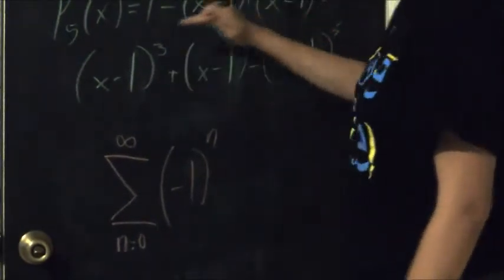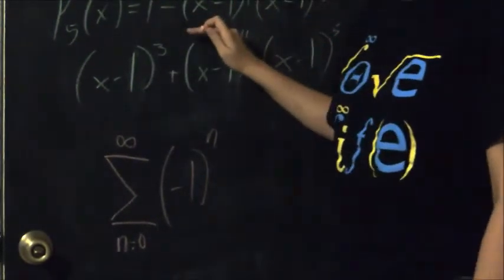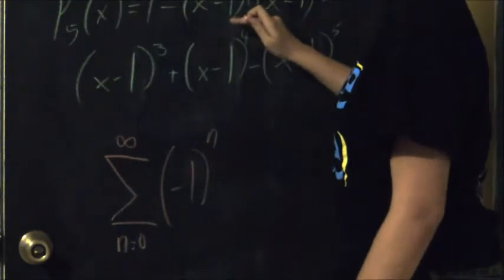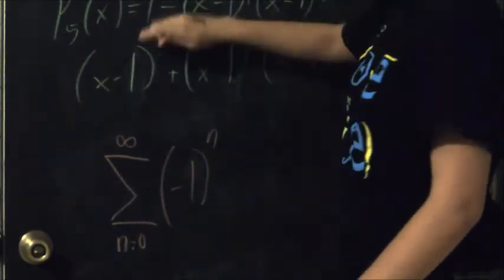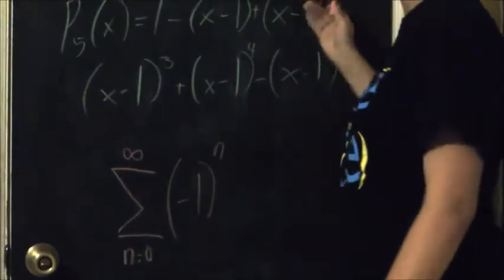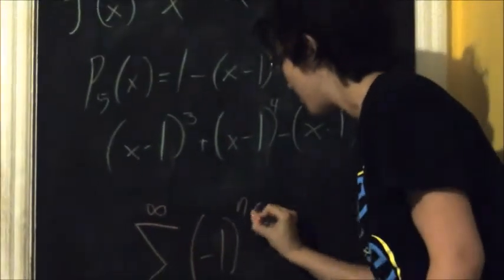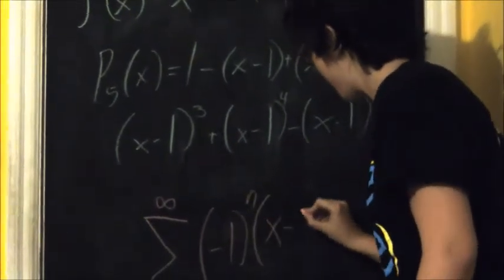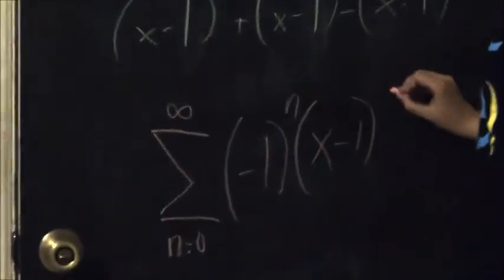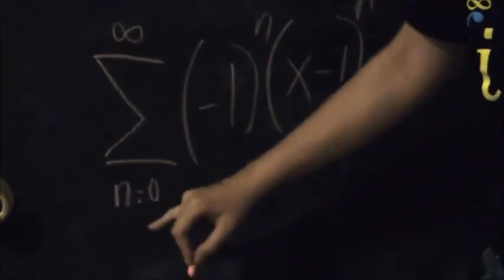Now we look at the formation. We can tell that it goes x minus 1 to the first, then x minus 1 to the second, so it's safe to say that it's x minus 1 to the n. Since if n equals 0, x minus 1 to the 0 is just 1.